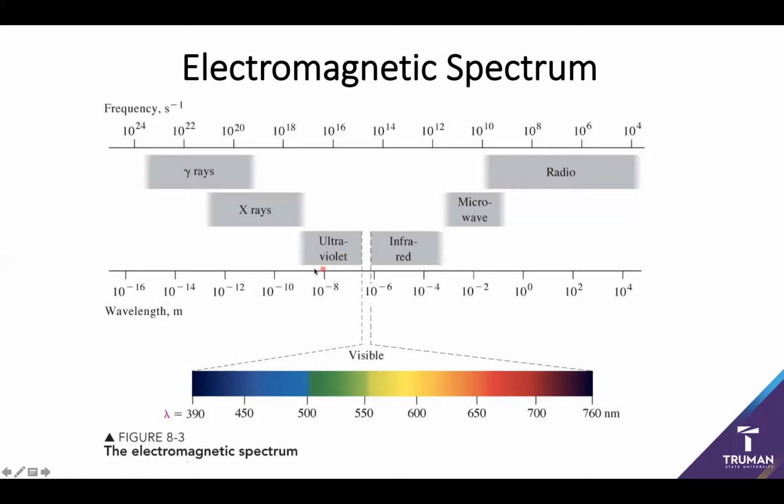UV radiation causes cancer because the UV radiation from the sun can penetrate a little bit into your skin and cause excitations in your DNA molecules, causing genetic mutations and cancer. And if you think UV can do that, turns out X-rays and gamma rays are even better.